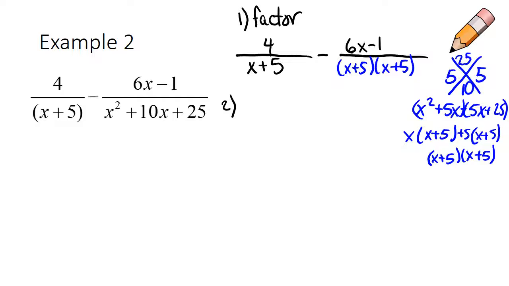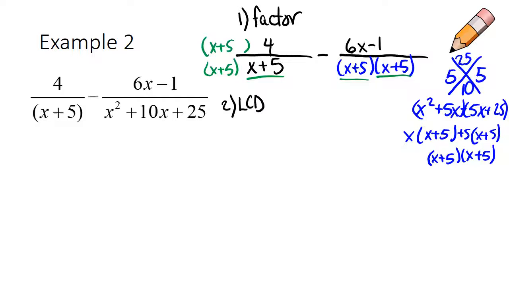Step 2, we want to find that LCD. If I look at my denominators, this one has 2 x plus 5s and this one has 1, which means this first one needs another x plus 5, so multiply the numerator and denominator by x plus 5.